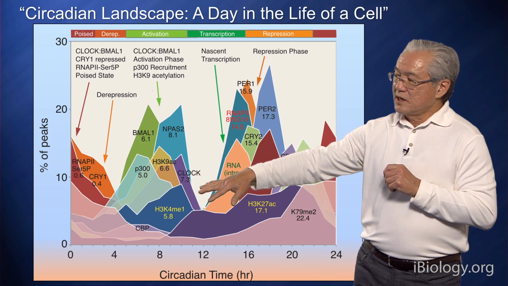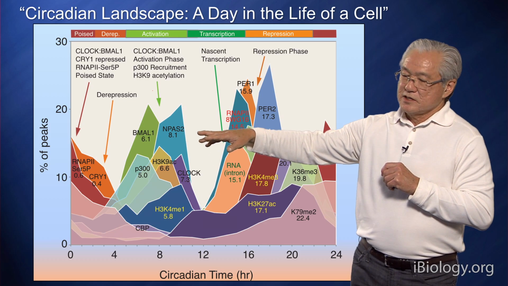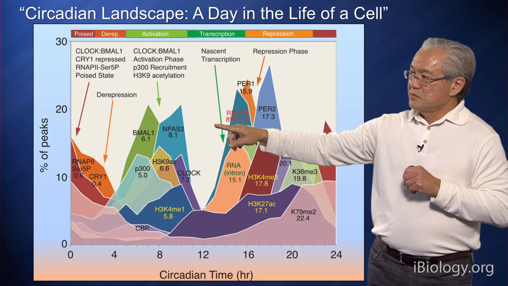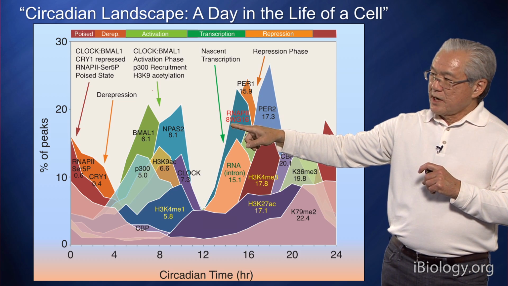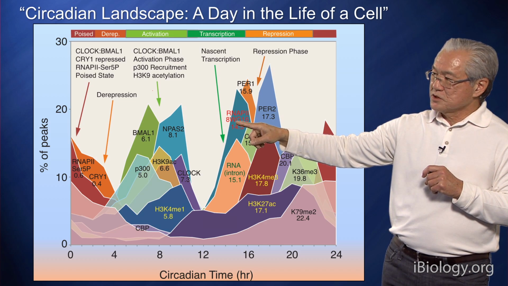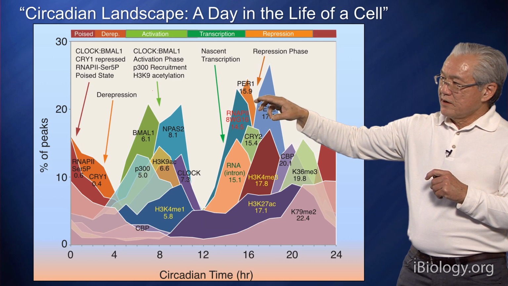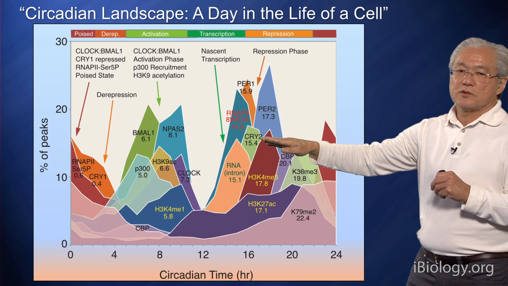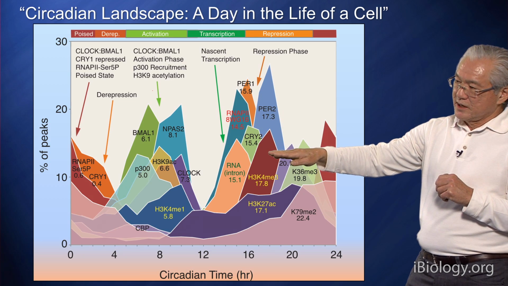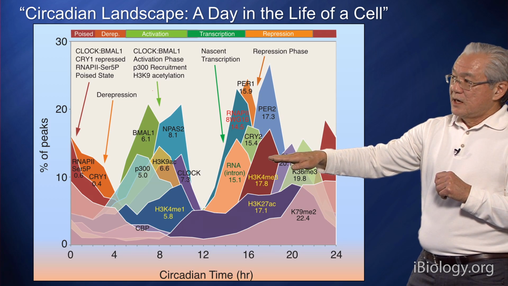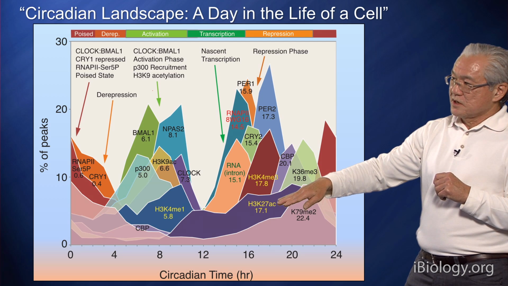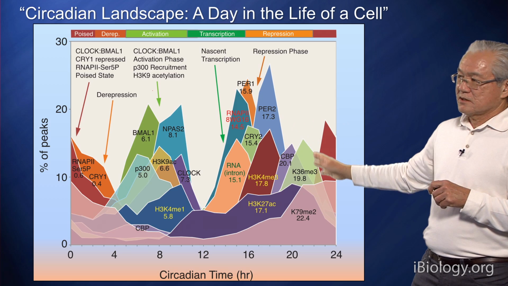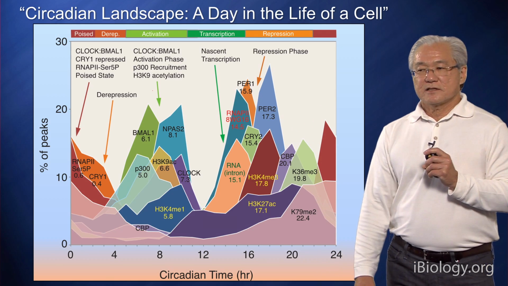This is then followed by this phase of nascent transcription, which is accompanied by hypophosphorylated polymerase II. And then shortly after that, we find the beginning of the repression phase, where the repressors all begin to occupy and bind. Clock and BMAL occupancy falls off, and then the repression phase wanes, and then we start the cycle over again.